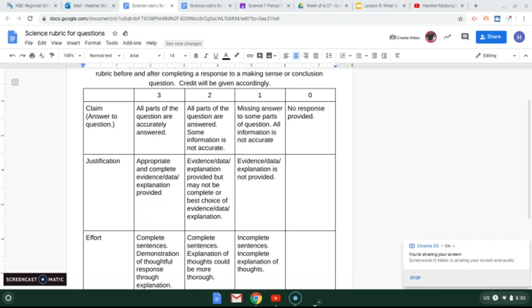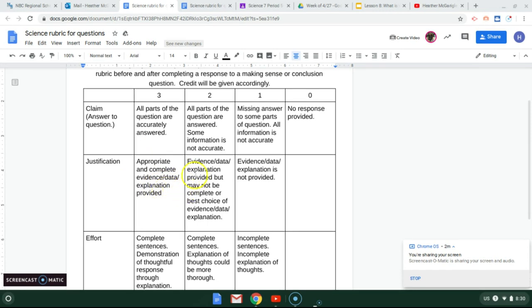Okay, for example, this week in lesson 8, you are collecting heart rate and respiration rate. So you're collecting numbers. So that's quantitative data. Those numbers should be used in your answers for the making sense questions, okay, to help support your answer. You're using that quantitative data.